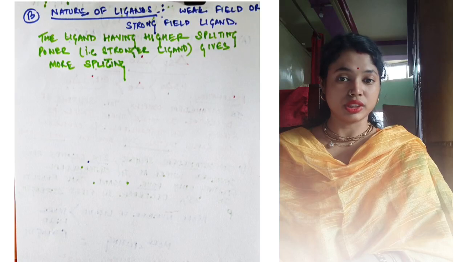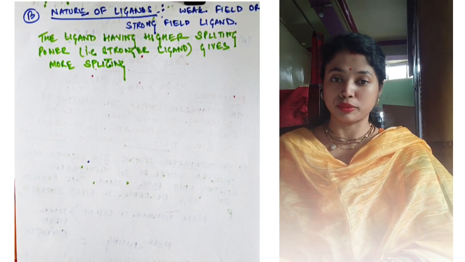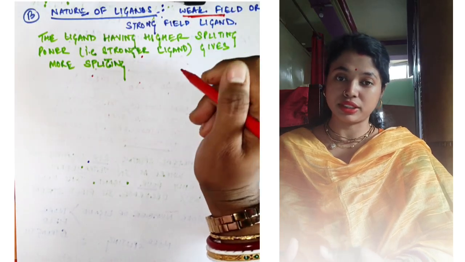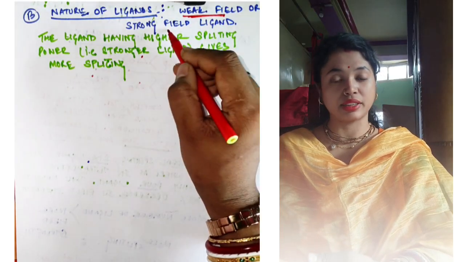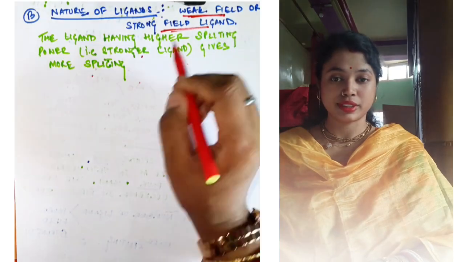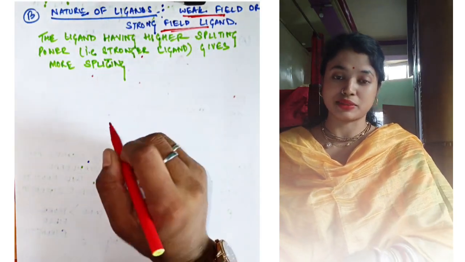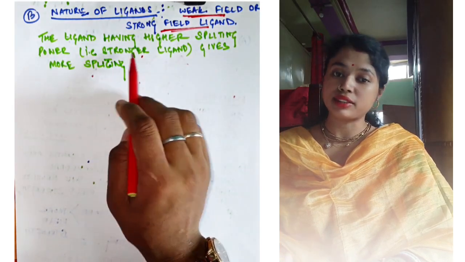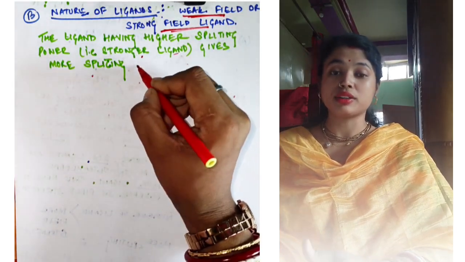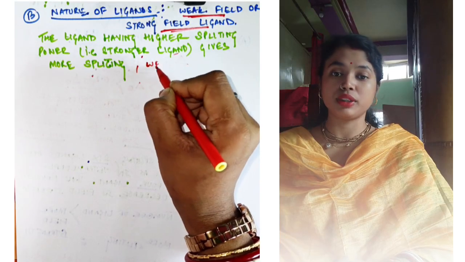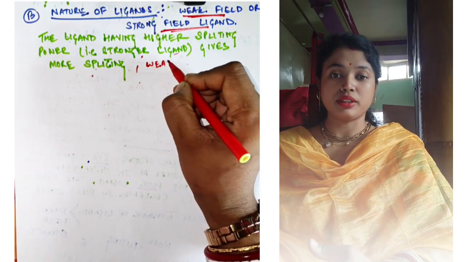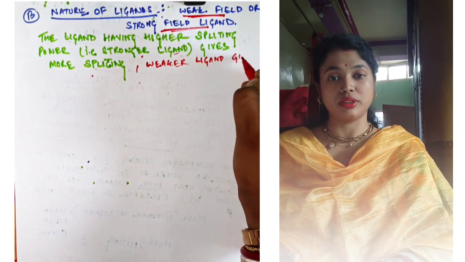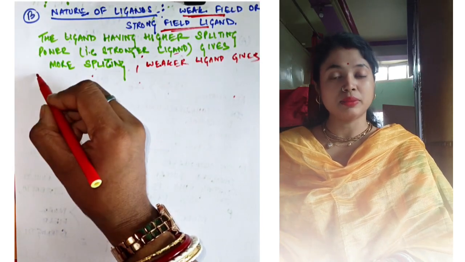Which one will give high CFSE or low CFSE also depends on the nature of the ligand. A weak field ligand will give a high spin complex and low crystal field splitting, whereas a strong field ligand, having higher splitting power, gives more splitting.